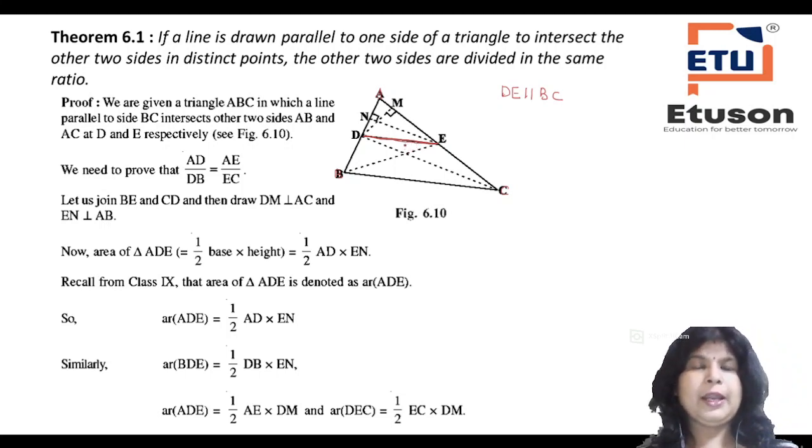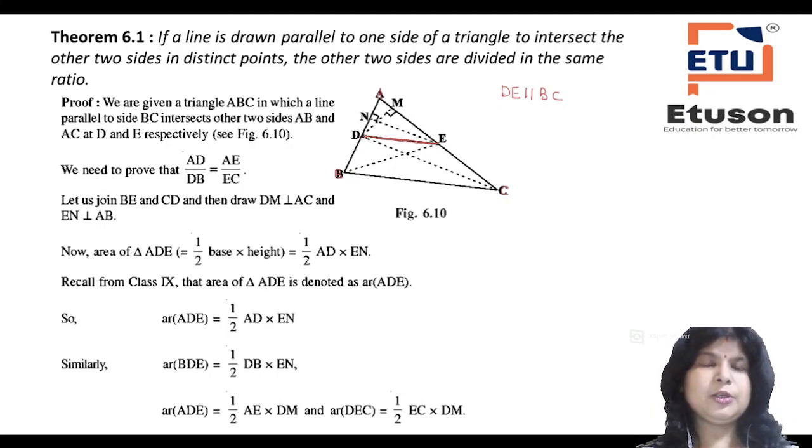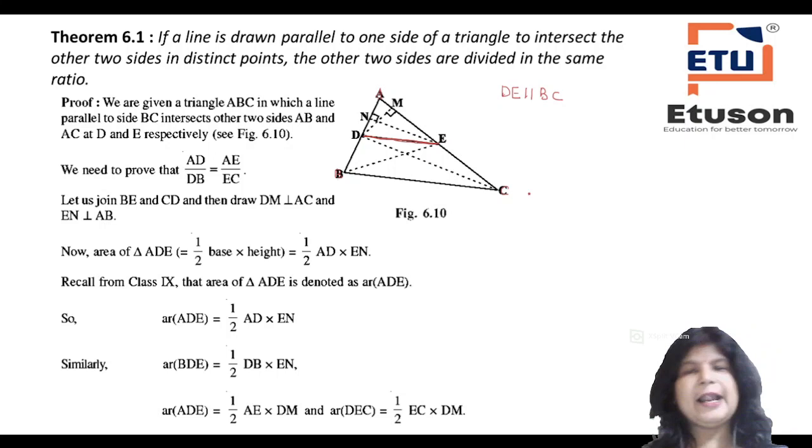You have to prove that it will divide the sides in the same proportion. When you divide by point D, what are the different segments you get for AB? You get one part here to here, another part here to here. So D is dividing AB into two parts, that is AD and DB. And similarly, E is dividing AC into two parts, that is AE and EC.